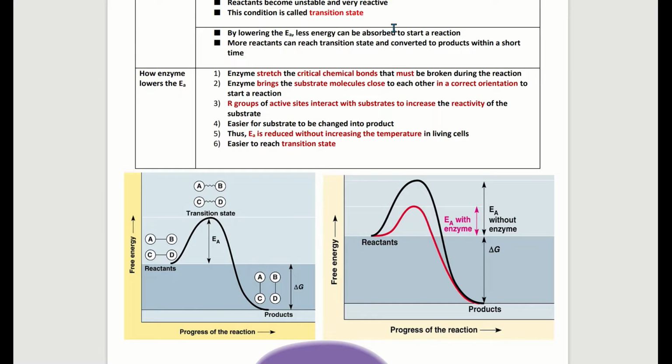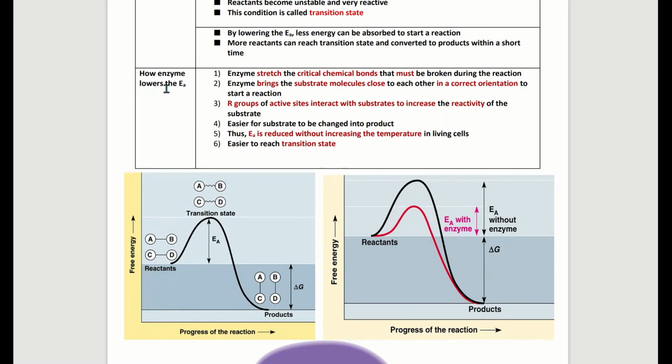Less energy can be absorbed to start a reaction. Tak payah guna energy sampai atas ni. Sampai sini je energy yang kita nak bila ada enzyme. So bila dah kurangkan dia punya activation energy, lagi banyaklah reactant yang kita boleh ubah jadi produk dalam masa yang singkat, within a short time.